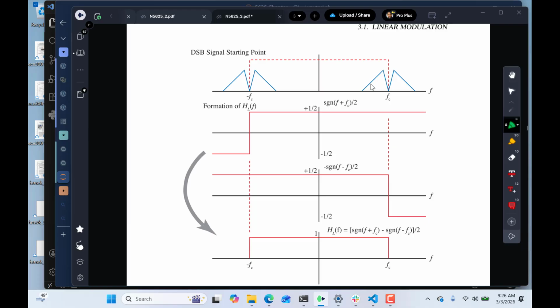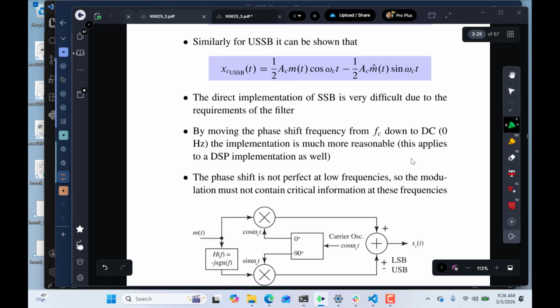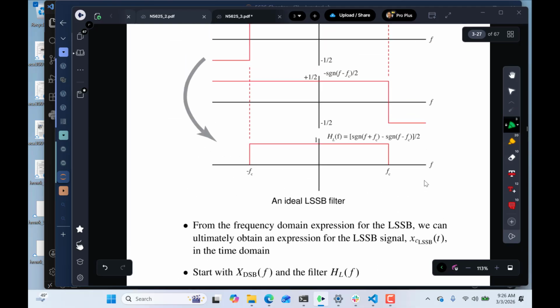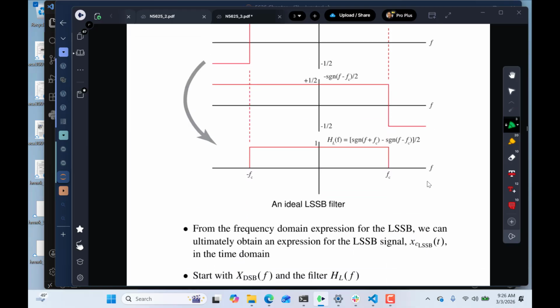Does that make sense? We could use the signum function, which is the core of the Hilbert transform. And we could do the opposite of that to maintain the upper sideband.